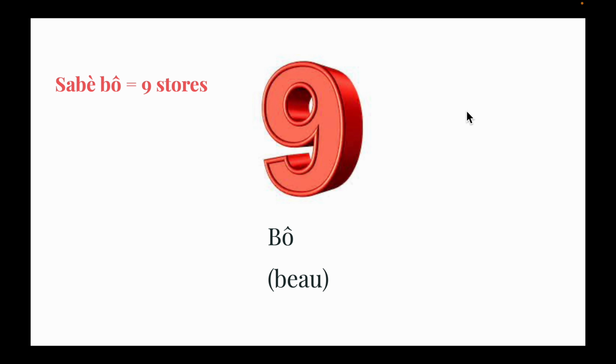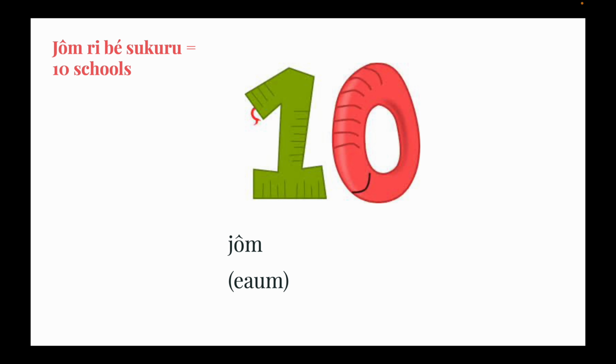And last number, 10. To say 10 in Bassa'a, you say jom. Not jum. It's jom. I wrote this right here. Hopefully this helps you guys. I'm not sure what your first language is, but if your first language is French, or if you know French, you know that without the M, this is eau, which means water.